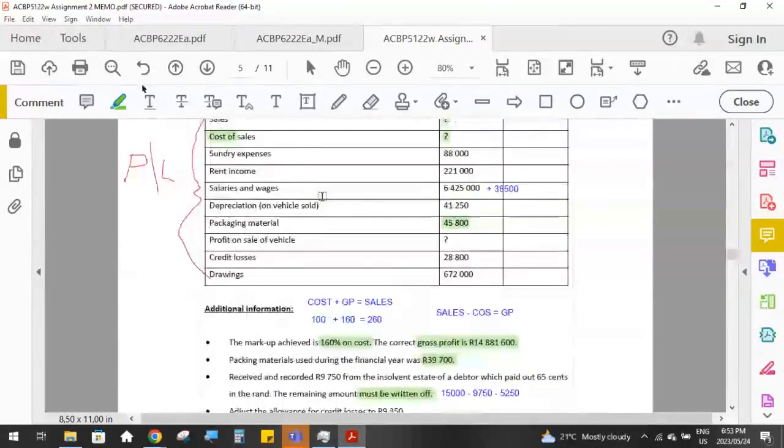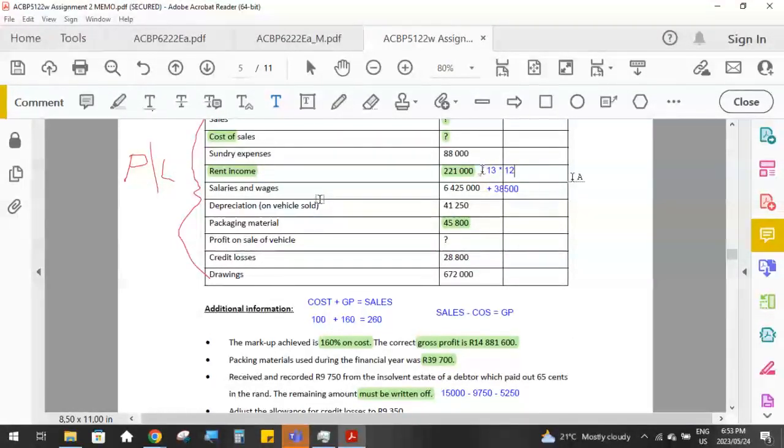So that means if we go to our income account, rent income, this amount here, 221,000, is actually for 13 months' worth of rent, because it's from January to December for this year, and we've already received the rent for January next year.